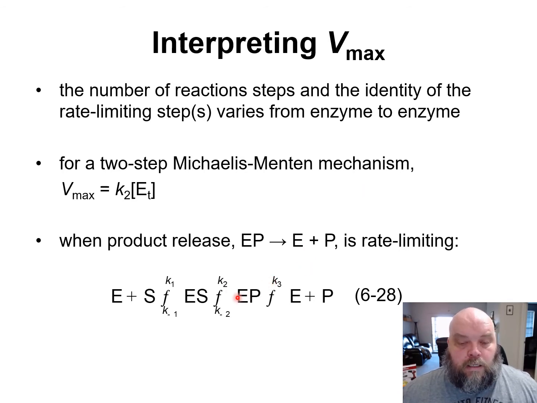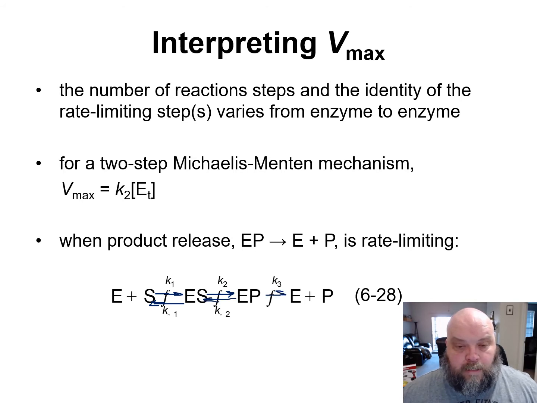PowerPoint doesn't like different versions of the PowerPoint we're using here. So the equation kind of got screwed up. What this should be is arrows this way, arrows that way, not the function. It's not even the function.